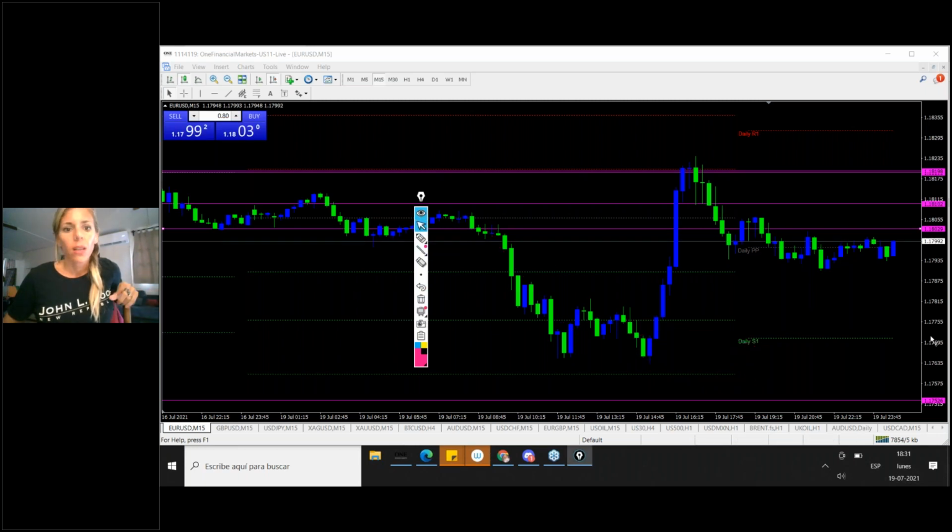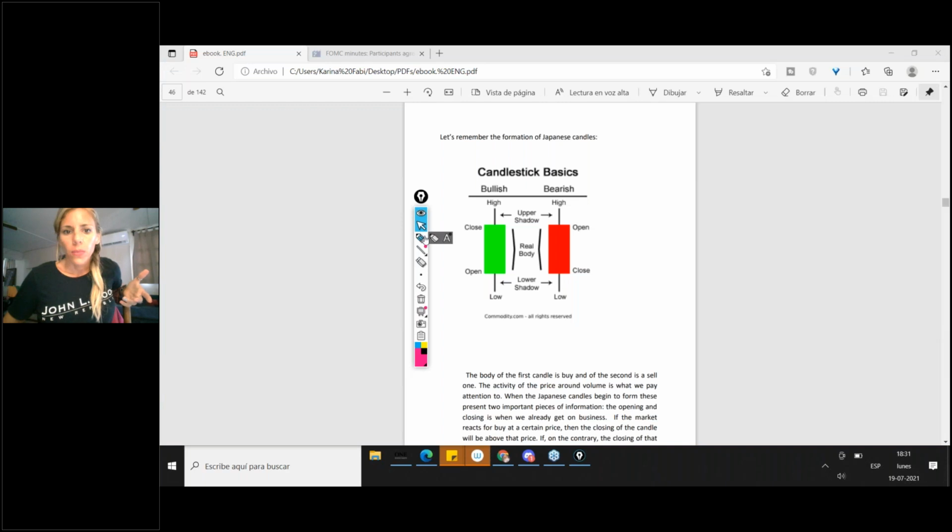Okay. So I just want to take you out of the chart and show you really quick how you understand the market levels and how you understand the confirmations. Remember that the opening is what you have to pay attention to. Opening hours. The first hour of the opening, either if you are on the European market or the US market, is going to tell you everything.